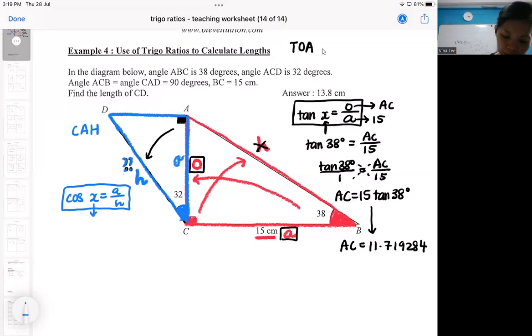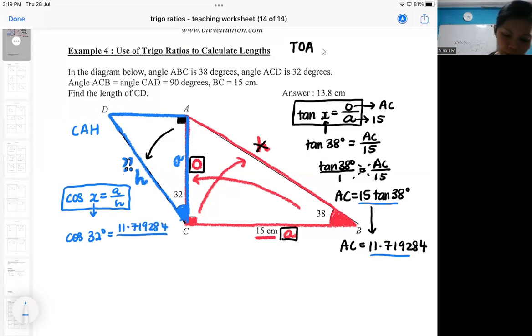So the angle is 32. The adjacent is the AC that you found just now. For the AC that you have found just now, if you want to, you can be using the long chain of decimals.